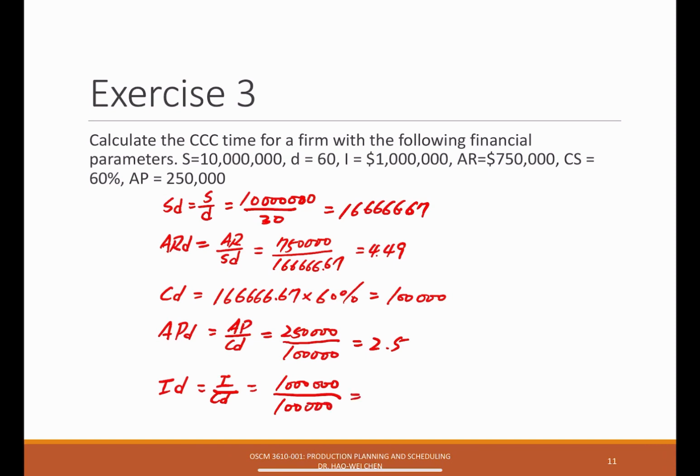So that will be 10 days. Then we know the cash to cash cycle time will be equal to ARD 4.49 plus ID 10 subtracted by 2.5, and it will be equal to 11.99.